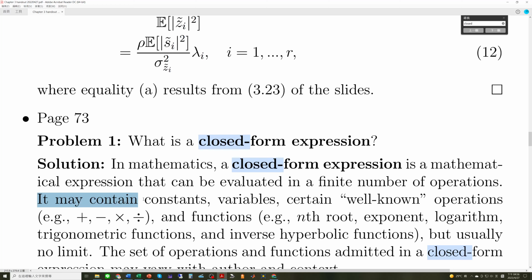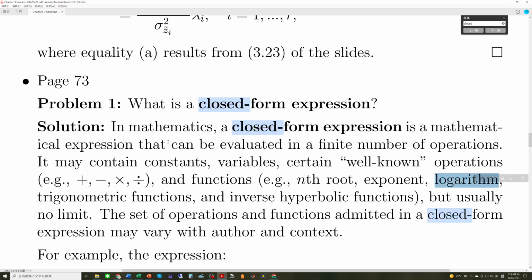It may contain constants, variables, certain well-known operations, for example addition, subtraction, multiplication, and division, and functions, for example nth root, exponent, logarithm, trigonometric functions, and inverse hyperbolic functions.